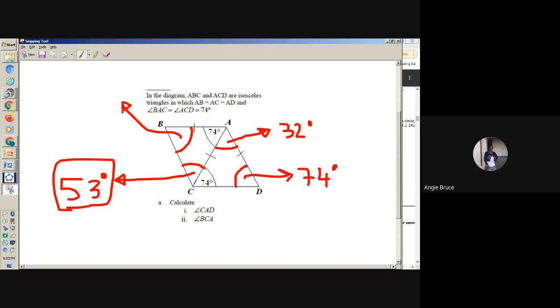Angle ABC is 53, sir. All right. So basically, these two angles are equal, not true, class? And I believe what Audrey did was subtract 74 from 180 and divide it by 2.